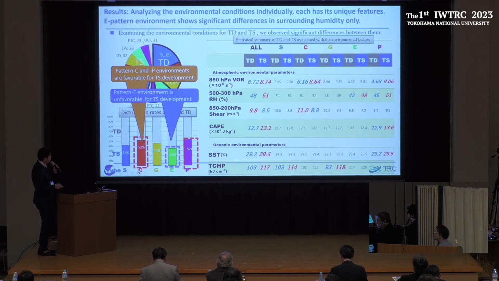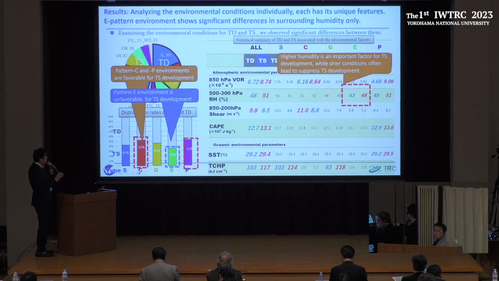For example, the E pattern environment shows a difference in surrounding humidity only between the TD and TS. So it means that higher humidity is an important factor for TS development, while drier conditions often suppress TS development in the environment related to the westerly and trade easterly wind systems.